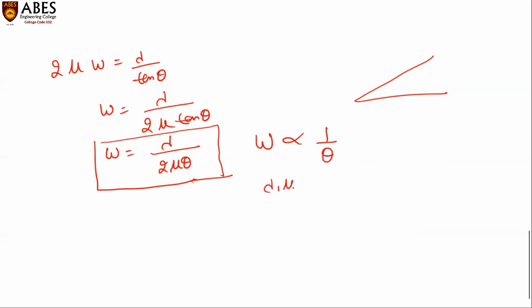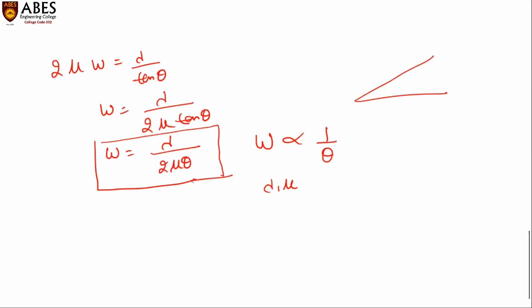If lambda is increased, fringe width will increase, and if lambda is decreased, fringe width will decrease. On the basis of this, we can also solve some numericals.